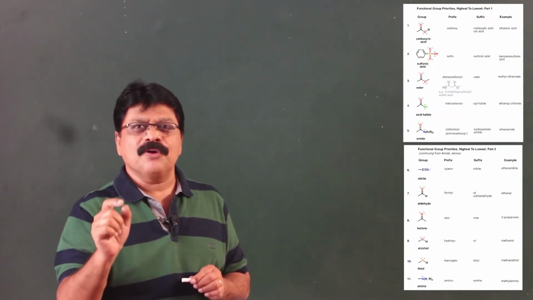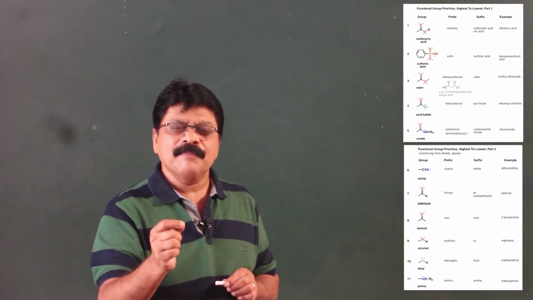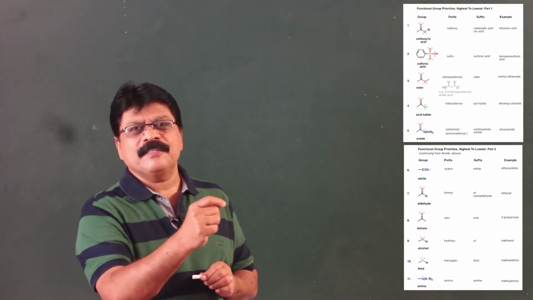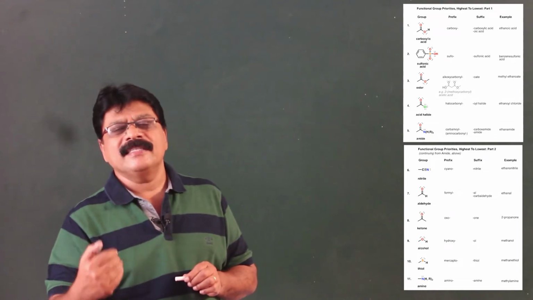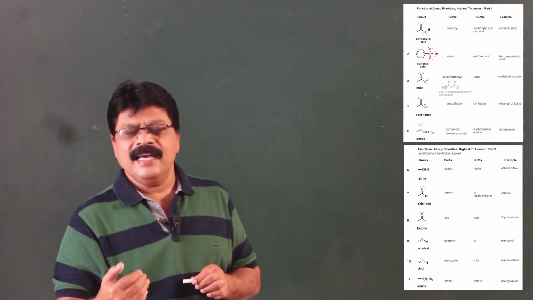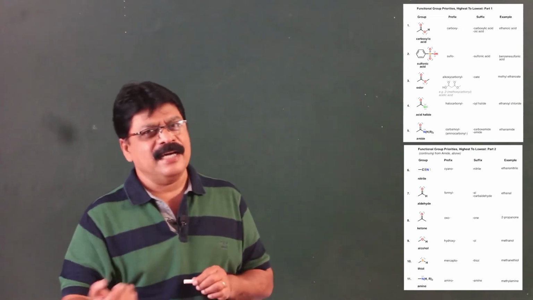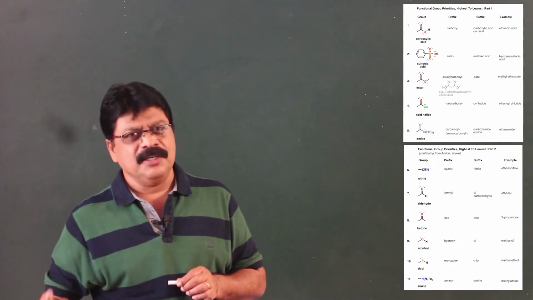Just to remember, you can always use this simple clue that the number of oxygens is given priority and therefore, carboxylic group is given the first priority, followed by sulfonic acid, then acid anhydride, acid ester, acid halide, acid amide. This is then followed by cyanide, isocyanide, then aldehydes, ketones.